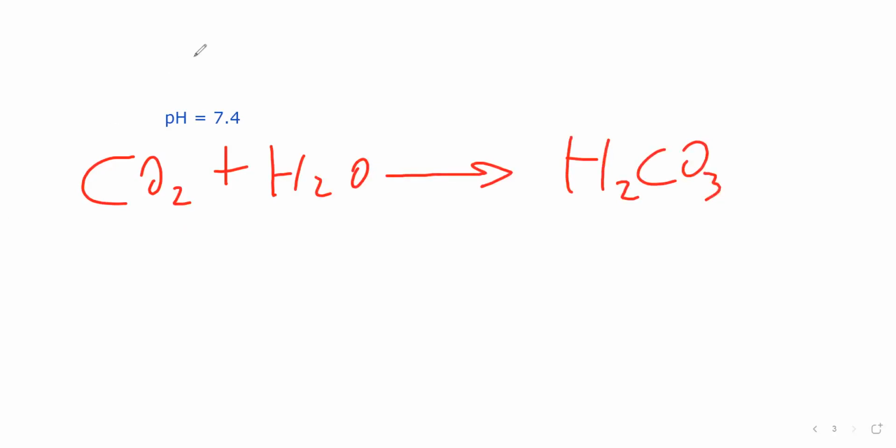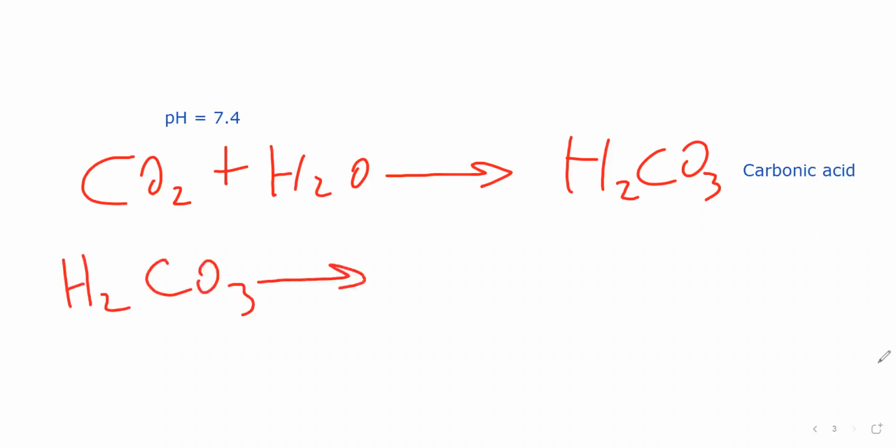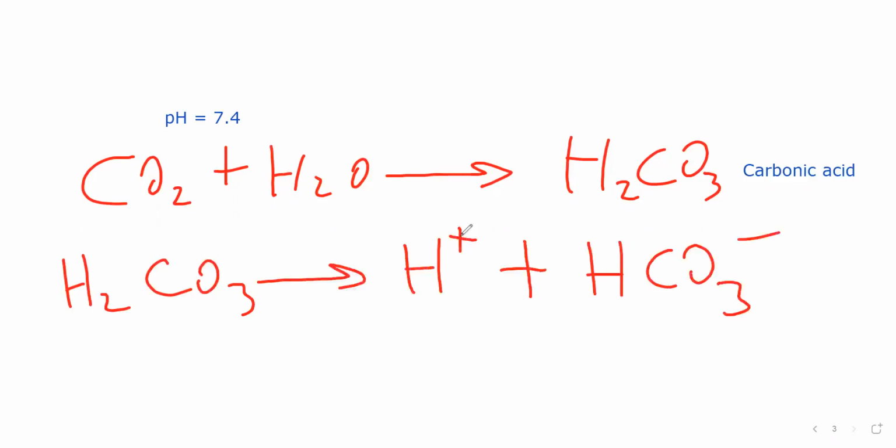And this in itself is carbonic acid. This is carbonic acid. The carbonic acid later on dissociates, so it will break down to form a hydrogen ion plus a bicarbonate ion.